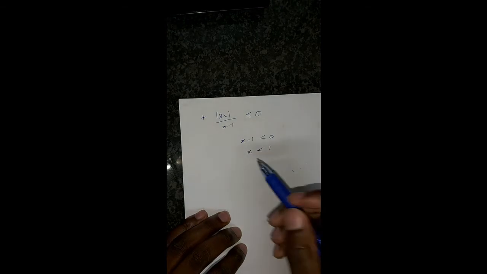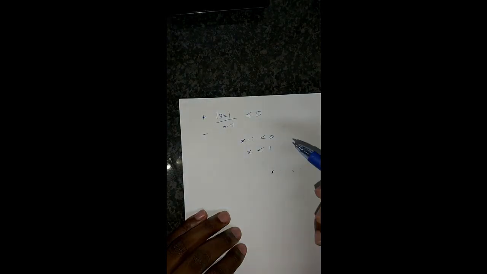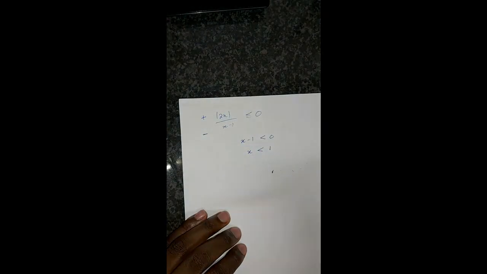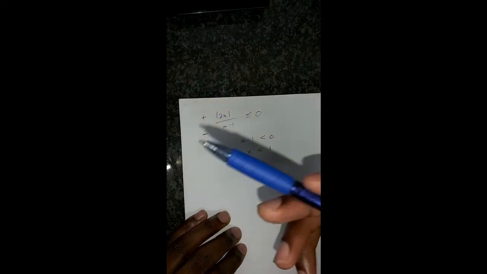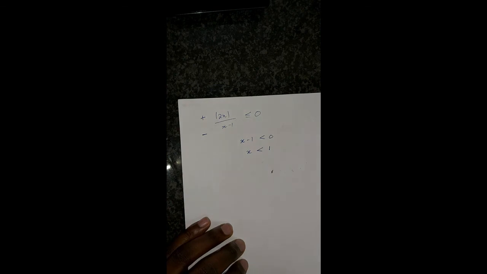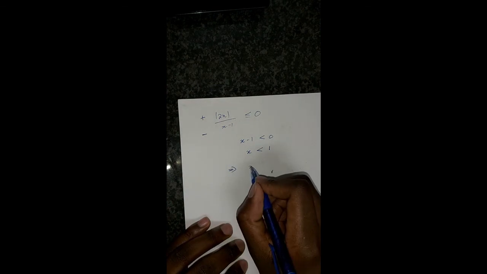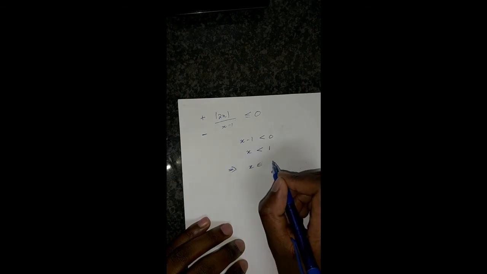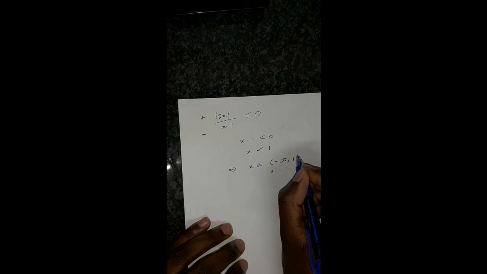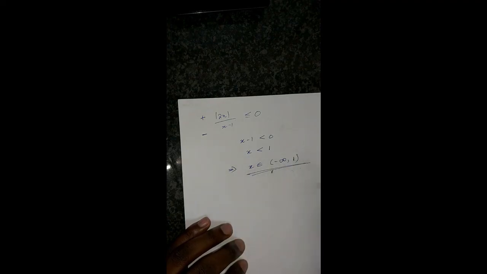So when x is less than 1, the denominator is going to be negative, and our numerator is going to be positive. Hence, we will have a negative number. Therefore, our x will be an element of negative infinity up until 1. So that will be our solution.